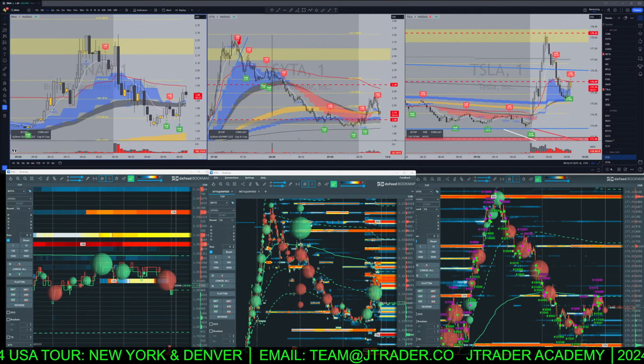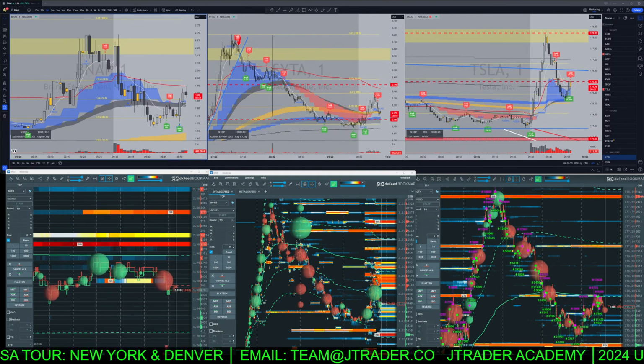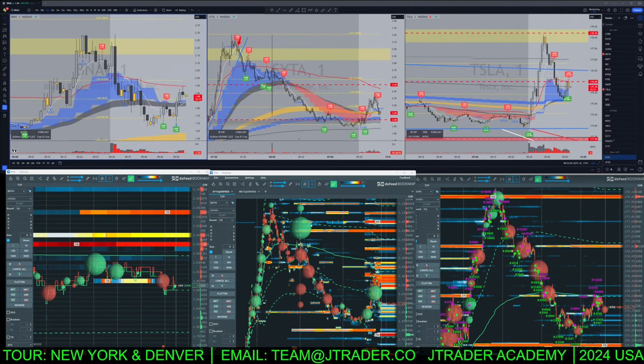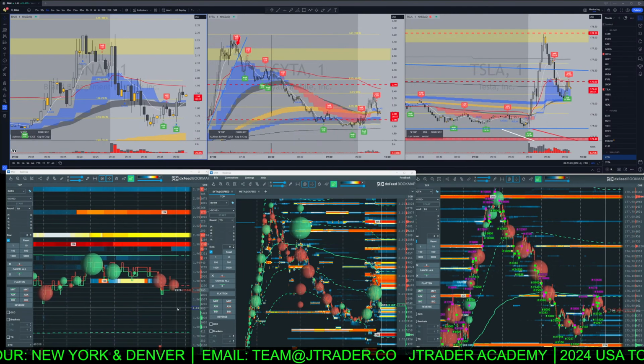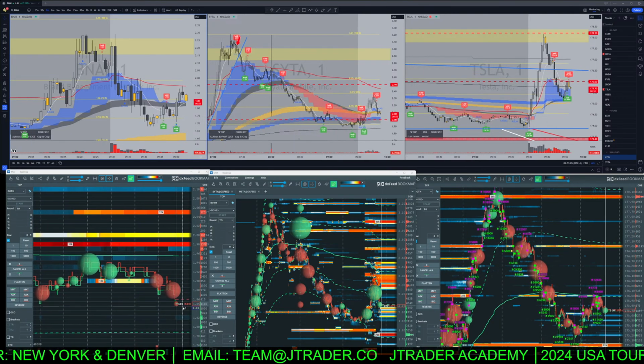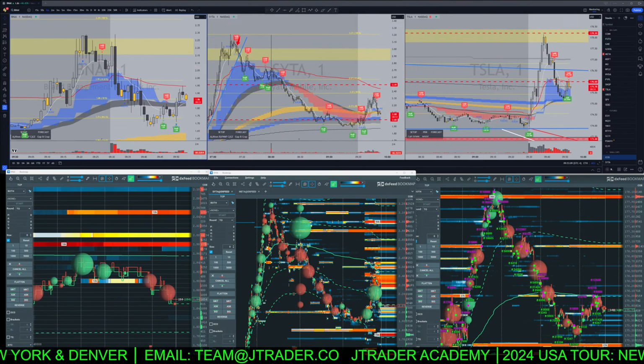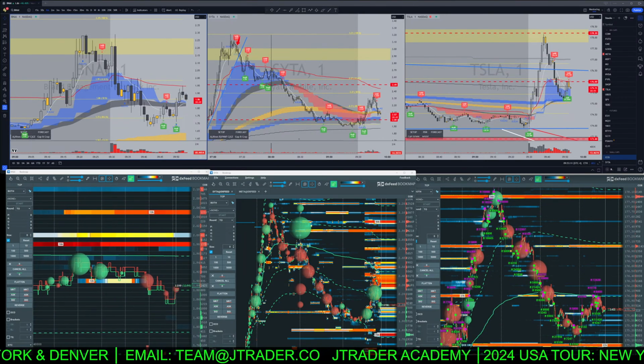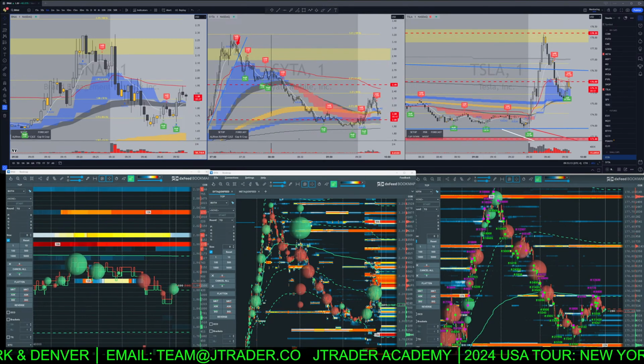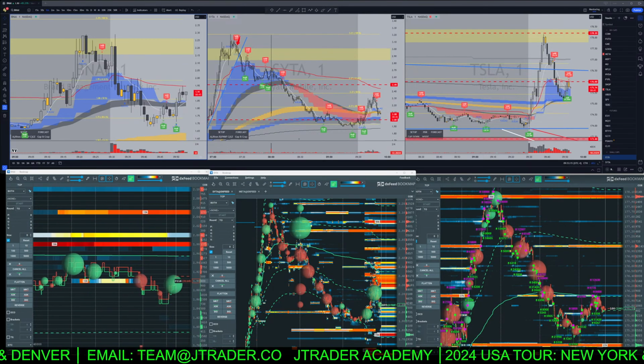And now we want to see a breakdown, not a soak like it's doing right now, because right now it's soaking. We want to see a direct breakdown over here: 188, 186, 185. There we go. We don't want to see a reclaim.